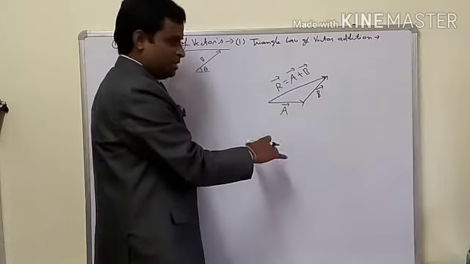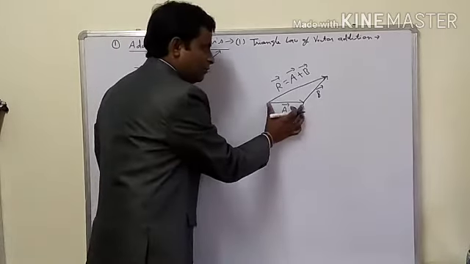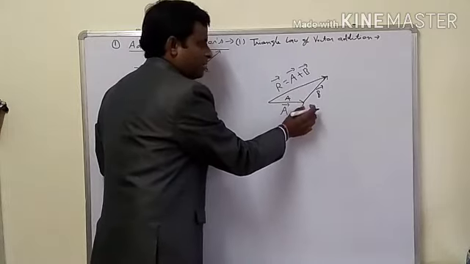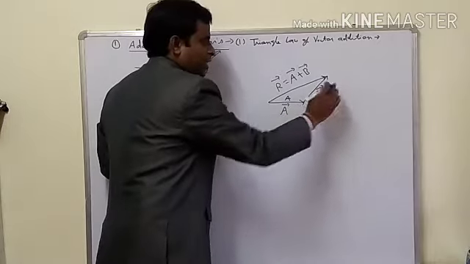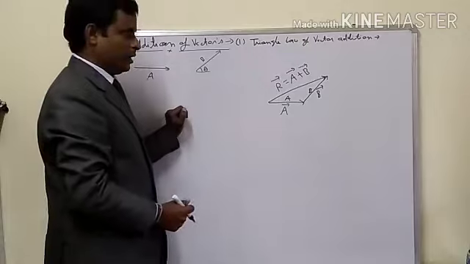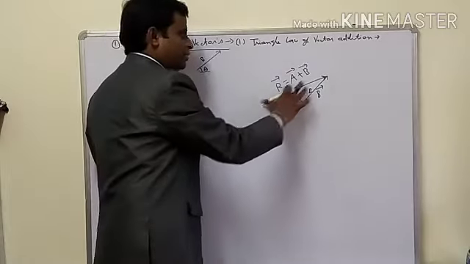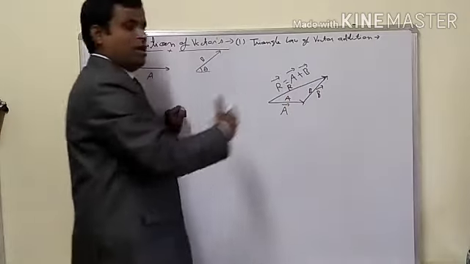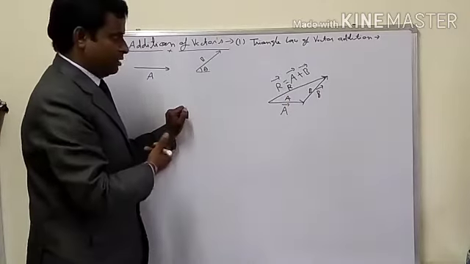As I discussed in my previous lecture, the length of vector A is called magnitude A, the length of vector B is the magnitude of vector B, and the length of the resultant vector is R, the magnitude of the resultant vector.